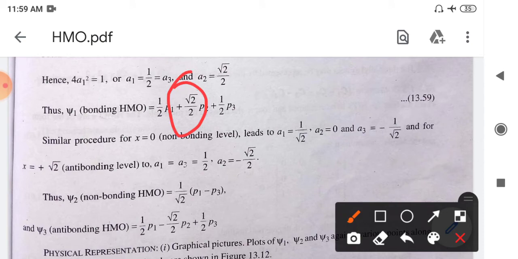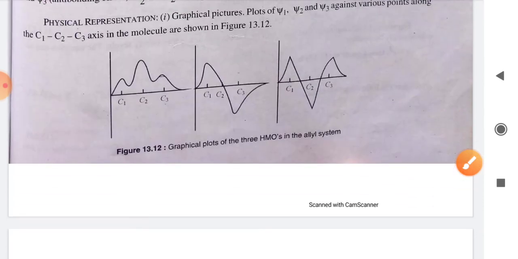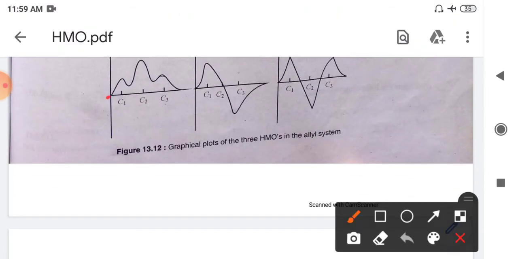Here you can see this root 2 upon 2, this is 0.5, but it is sometimes greater than 0.5. So we will get the plot of psi 1 like this. Okay. So there are three maxima, one at C1, another at C2, and another at C3, with C2 having the maximum value.